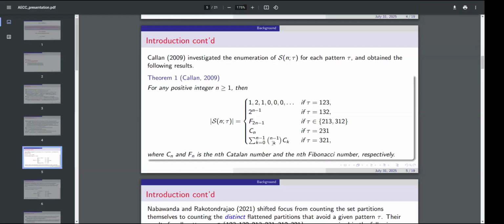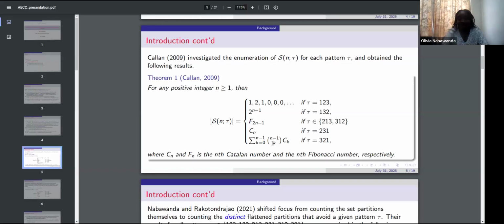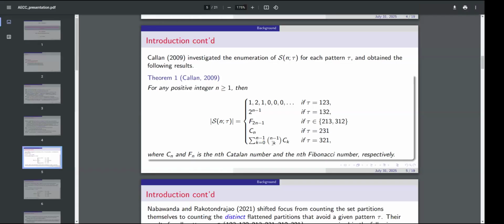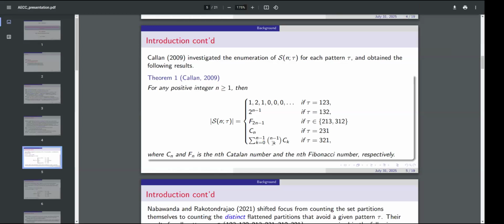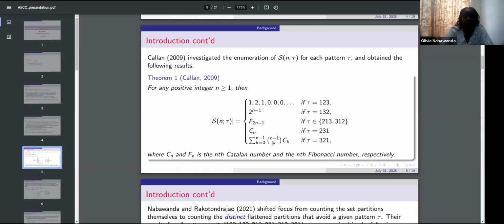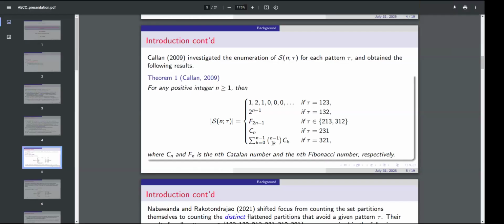Sorry, Olivia. Looks like the slide has somehow stopped. Could you unshare and then share again, please? You can't see the slides? I'm at page 8, it hasn't moved. Okay, let me try to share again. Maybe stop sharing and then share again. Looks like Zoom does something weird. Okay, I've stopped sharing, and let's share again. I don't know what's going on.